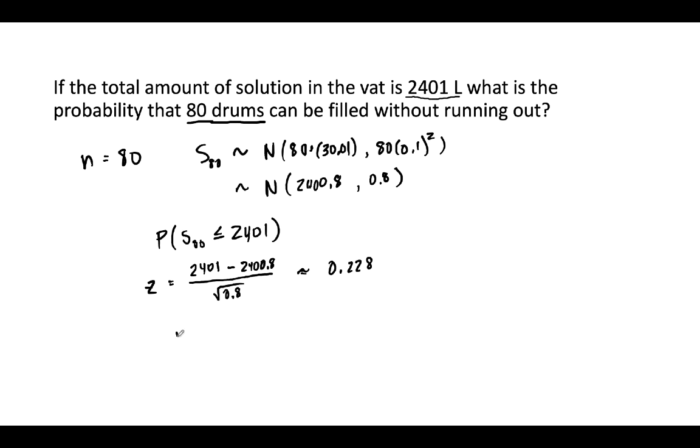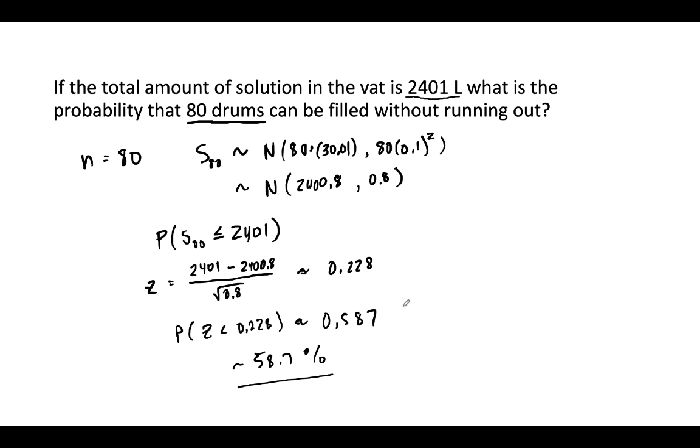And then when I go to my table, I find that the probability that z is less than this value is approximately 0.587, which means there is approximately a 58.7% probability that I'll have enough to fill 80 drums completely before running out.